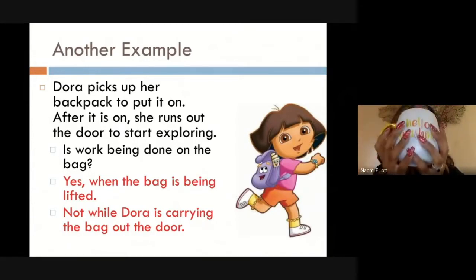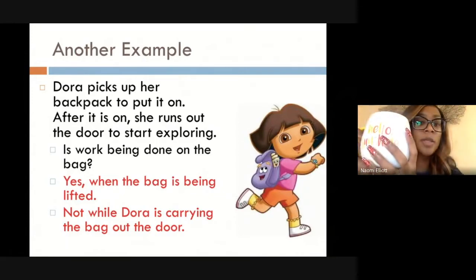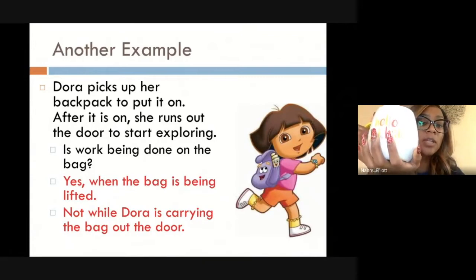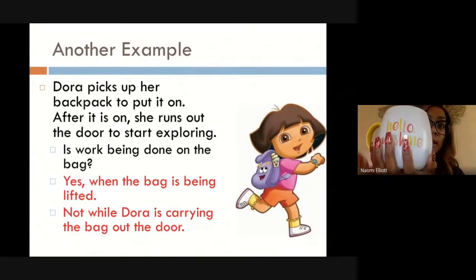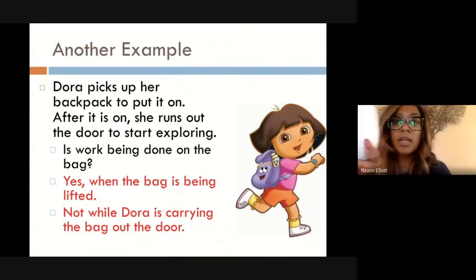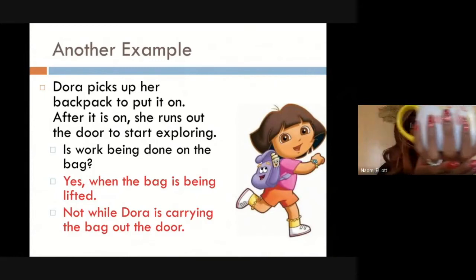But the moment that I walk around with the coffee cup, the moment that I am carrying it, there is no change in distance. If I'm carrying the cup, there's no change in the distance at all, and so there's no work being done. If I'm keeping it like this, walking around with it, that is not work. There's no change.